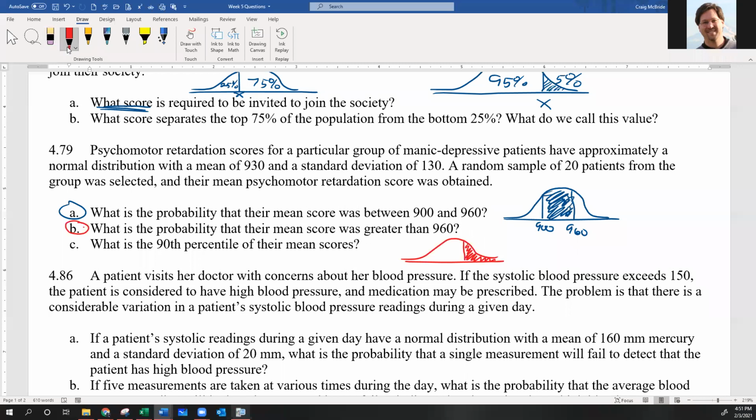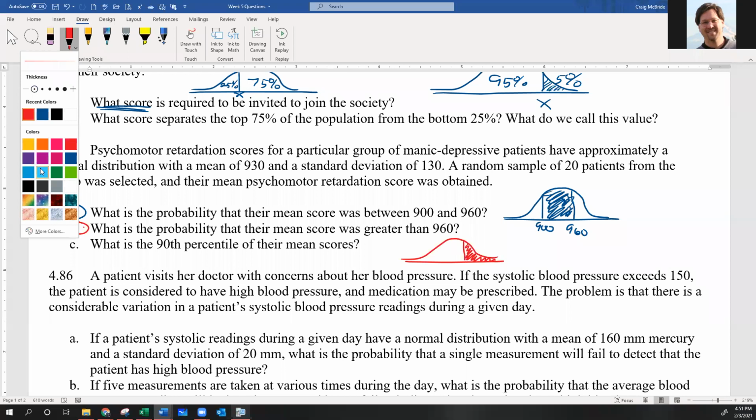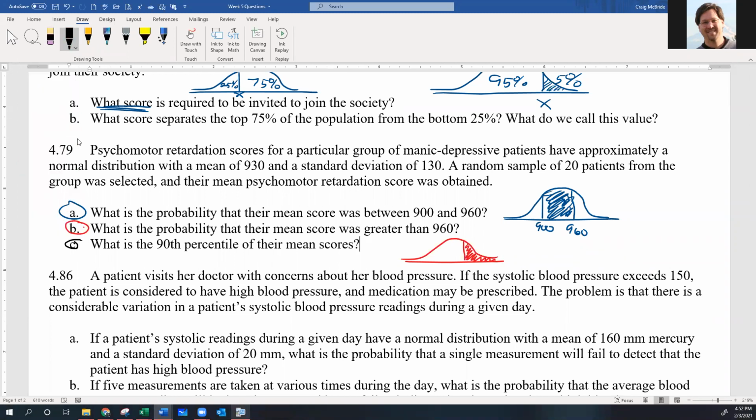And then C we'll do in black. And for C, we want what is the 90th percentile? So that would be X such that this is 90%.